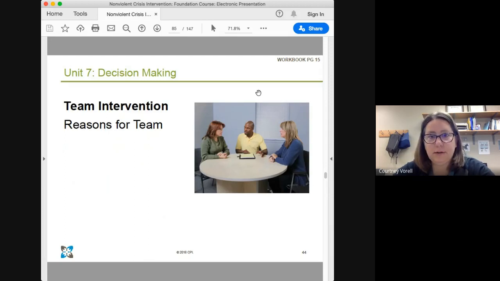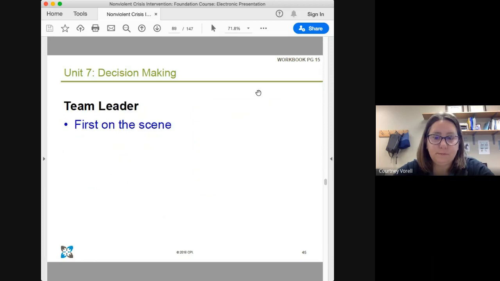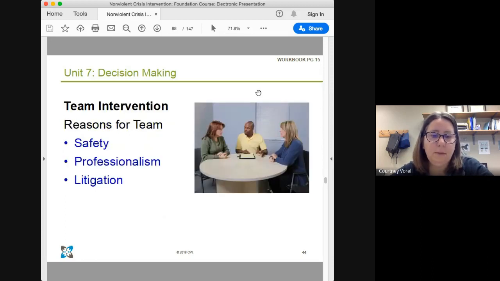Another factor we consider with decision making is team intervention. So let me go back here. When we're operating as a team, we're doing so because of safety, professionalism, and litigation. When you're working with an escalated student, you really should have another person with you if possible, because if that student lashes out at you or is increasingly escalated, it would be nice to have another person there to assist.